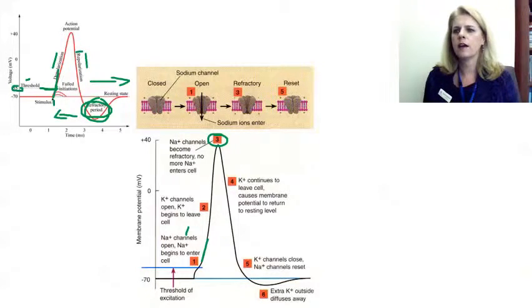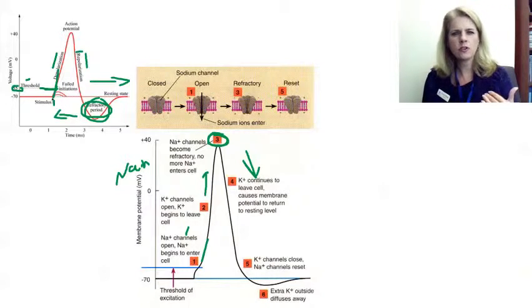You'll see potassium channels, as it's becoming more and more positive, some of the potassium channels are going to start to open, okay? By the time you get to plus 30, all of the potassium channels will then open so that potassium will leave the cell. So during depolarization, sodium is rushing in, and a little bit of potassium is rushing out, but more sodium is rushing in than potassium is rushing out.